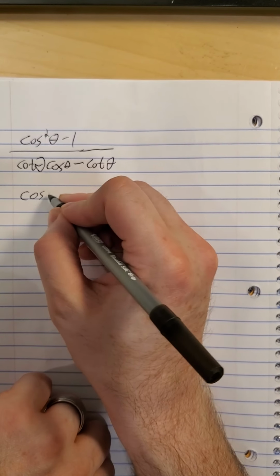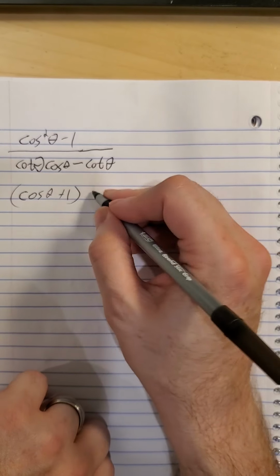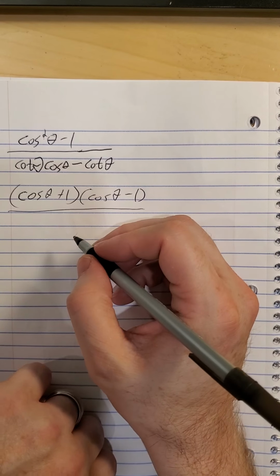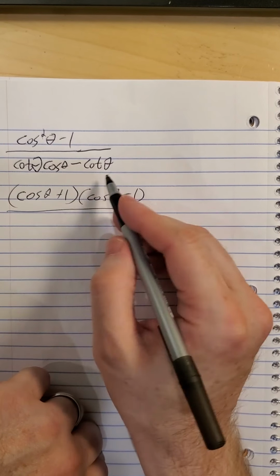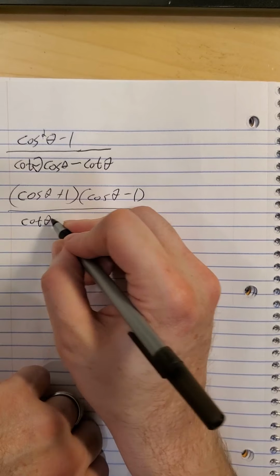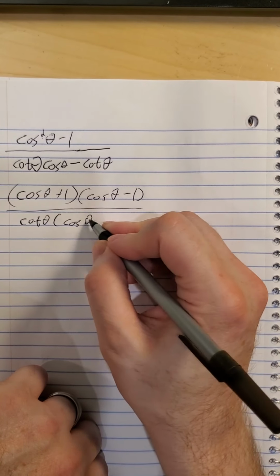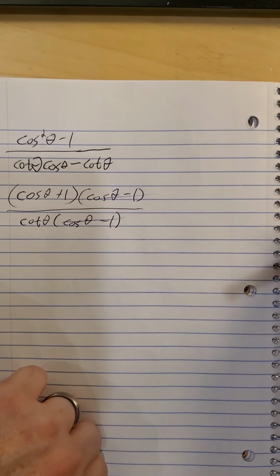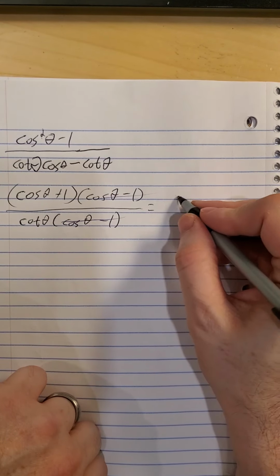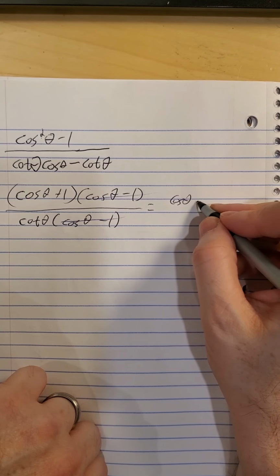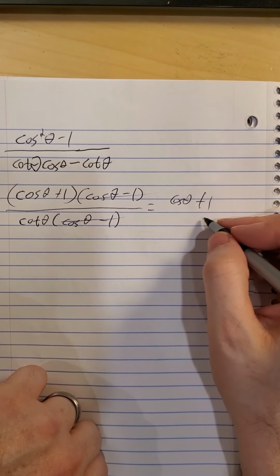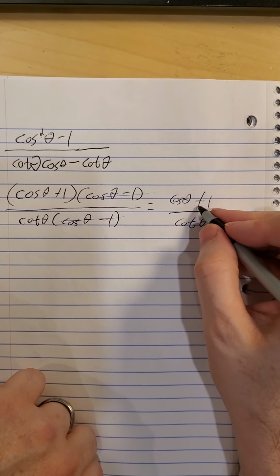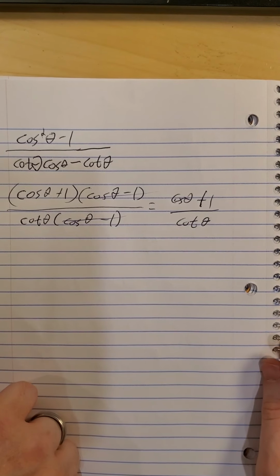So upstairs I can turn that into cosine theta plus 1 multiplied by cosine theta minus 1. Downstairs, we can factor the cotangent of theta, leaving us cosine theta minus 1. And I can drop the cosine theta minus 1s, and we can turn this into cosine theta plus 1 all over cotangent theta. It's a messy plus sign, sorry.